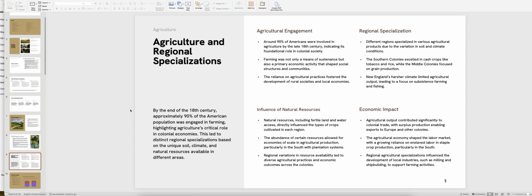They had large plantations where the enslaved labor was able to specialize sufficiently, where you had certain economies of scale, and where you had an infrastructure that permitted quick, cheap export of those agricultural goods back to England.